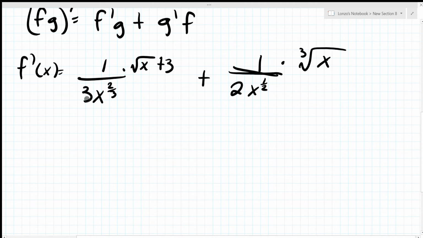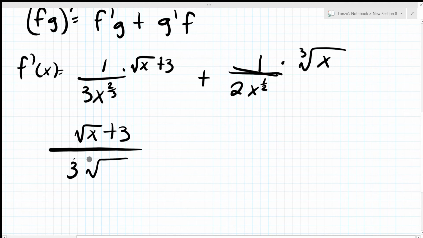So this one is going to be square root of x plus 3 divided by, I'm going to rewrite this in radical form, so it's going to be 3 times the cube root of x raised to the second power. This one is going to be just cube root of x over 2 times square root of x.